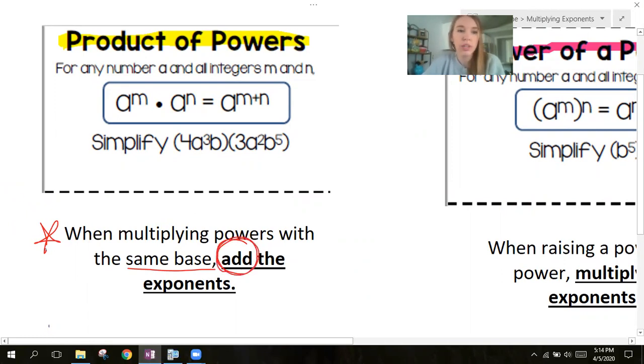Really make sure you write this rule down somewhere, because it's really important. In this little example, they both have the same base, which in this case is a. That means we're going to take the exponents, m and n, and add them together. Let's look at the example they give us here.